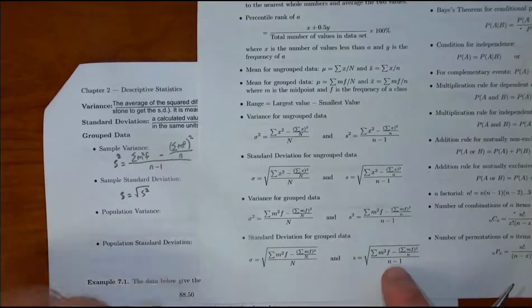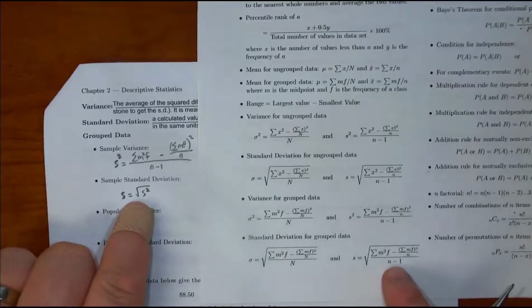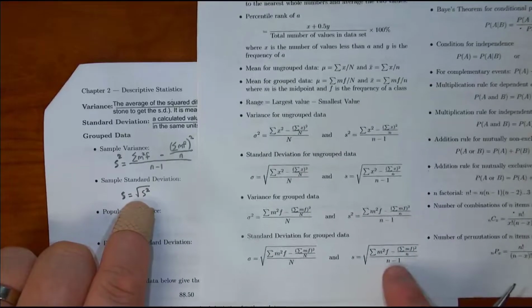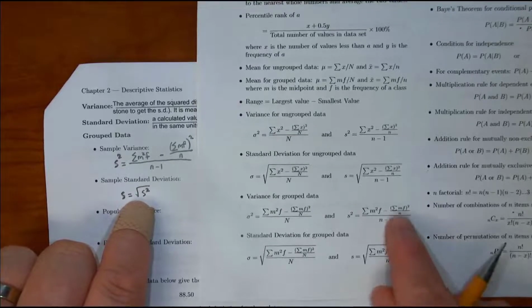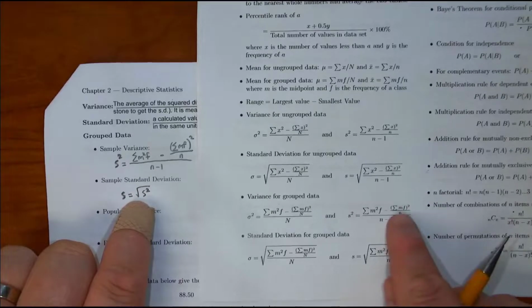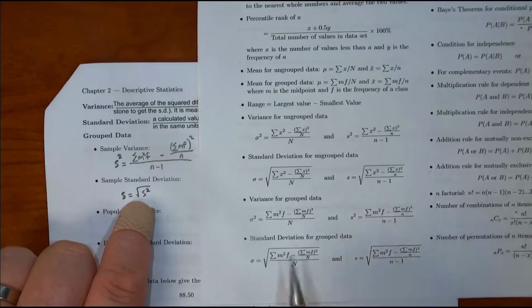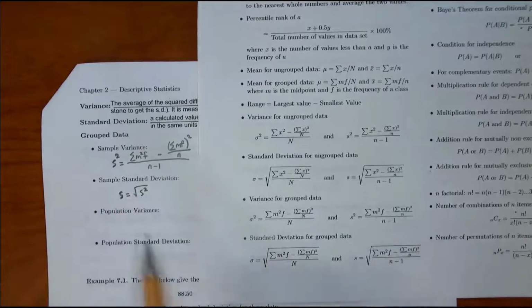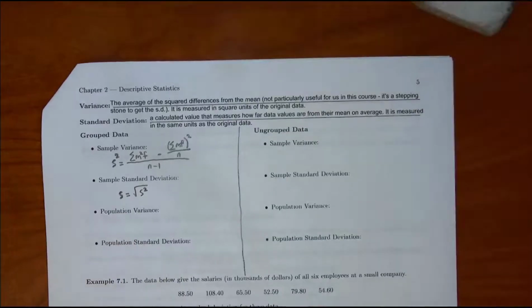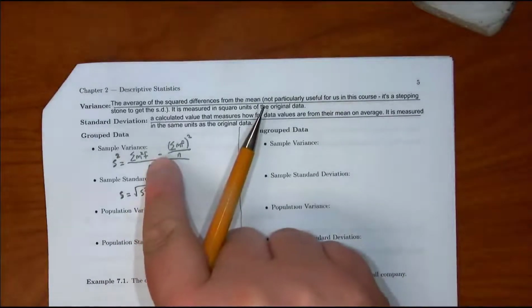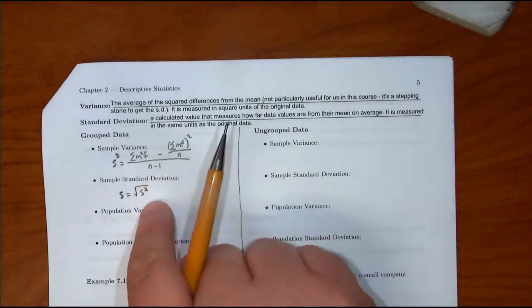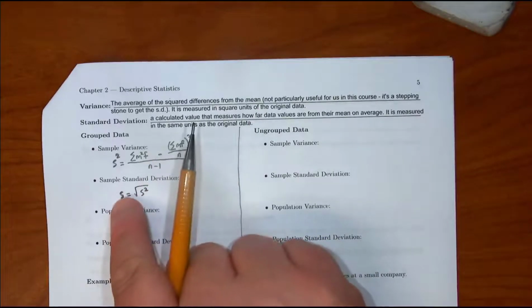However, I tend to not want to write the whole formula out again because, look, all it's doing is taking this and taking the square root. That's why I said just take your answer here, take s squared, which is this, and take the square root to get the standard deviation. Okay? So basically, you calculate the sample variance, take the square root of that, and you get sample standard deviation.